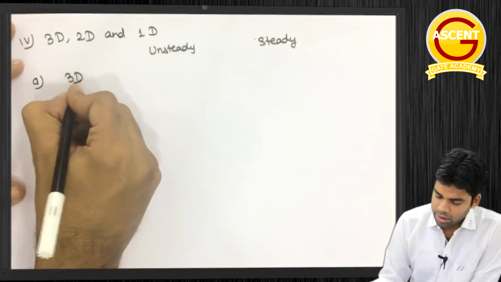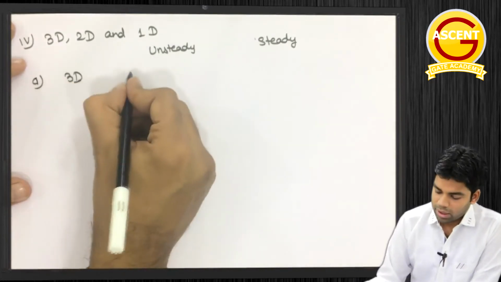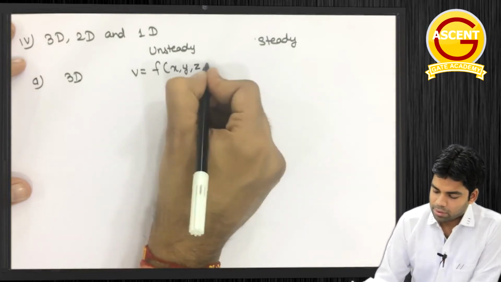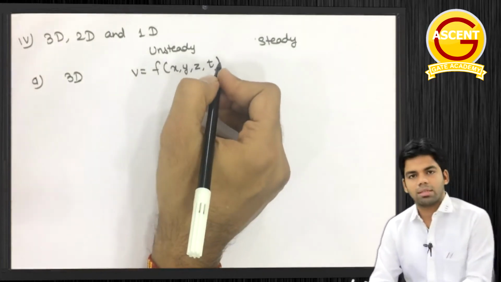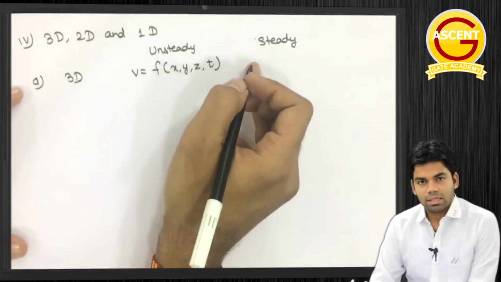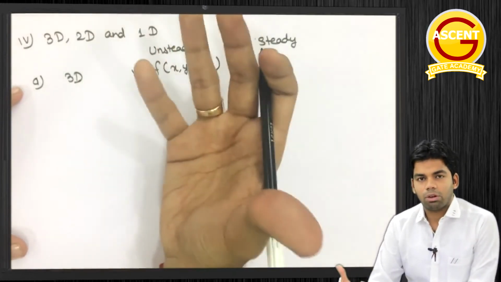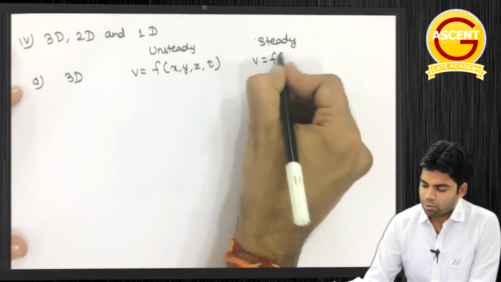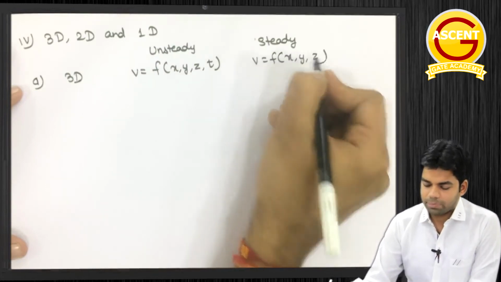If the flow is 3-dimensional, the velocity, as I told you, will be a function of x, y, z as well as time. Why time? Because this is an unsteady flow; it may change with respect to time. If it is a steady flow, obviously time will not be a factor, it will not change with respect to time, so the velocity will be a function of only x, y and z.